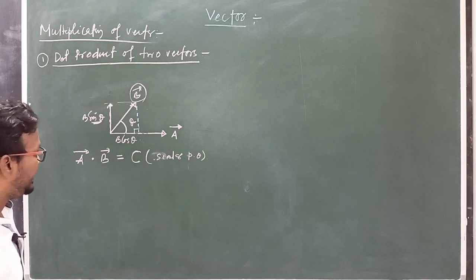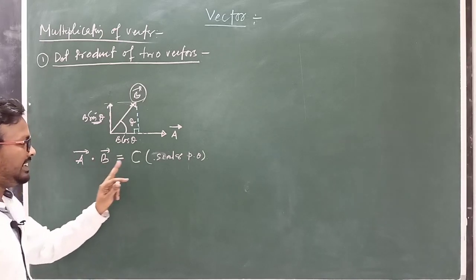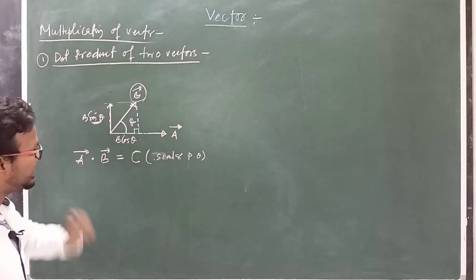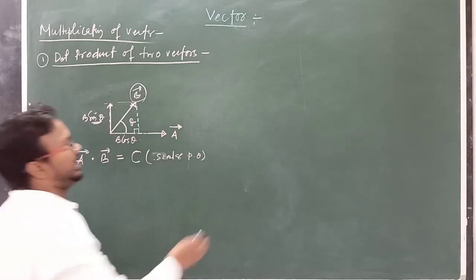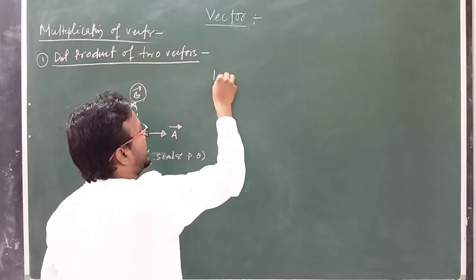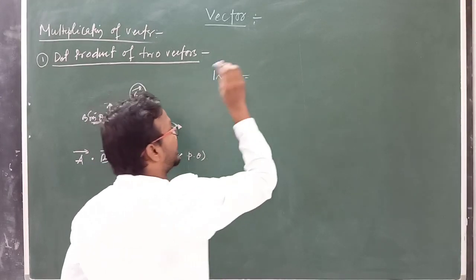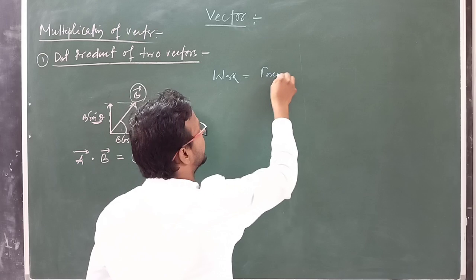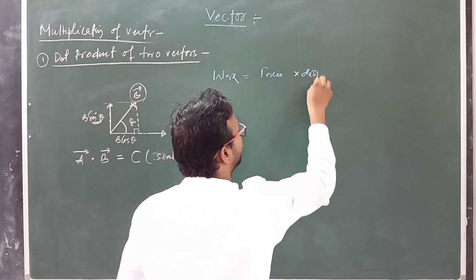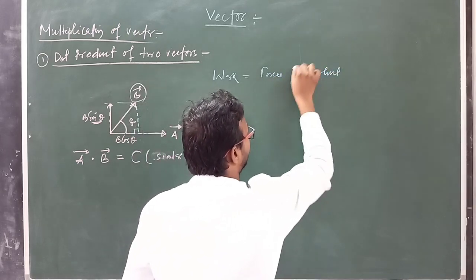Clear? And A dot B is a scalar quantity, so suppose I am taking one example, that is work. And what is work? Work equals force into displacement, general multiplication.